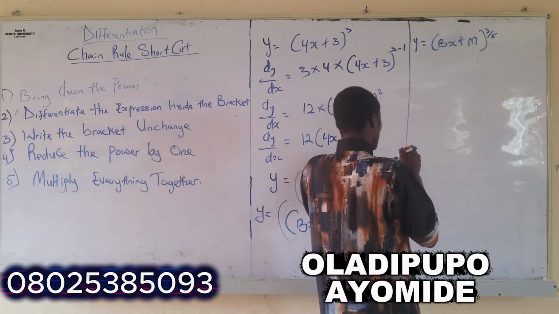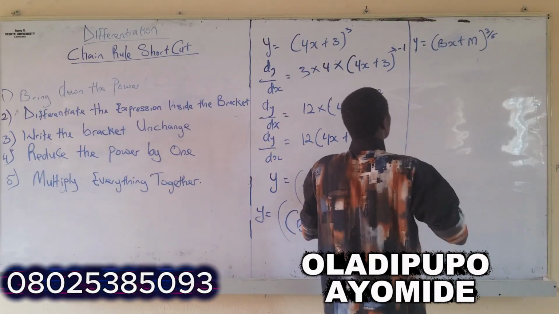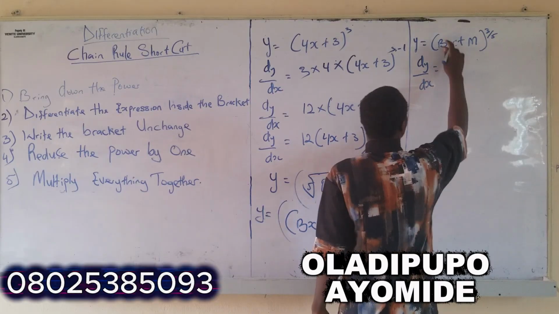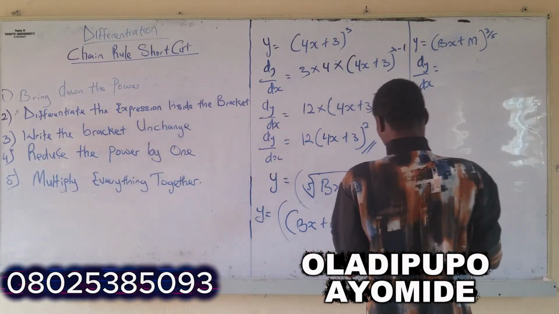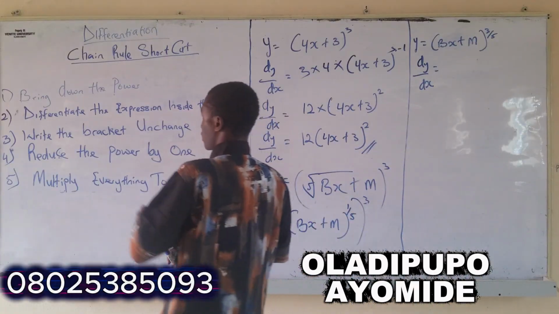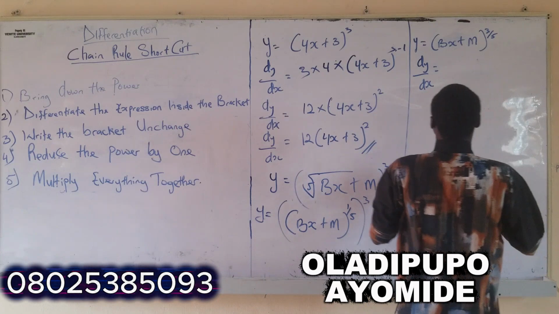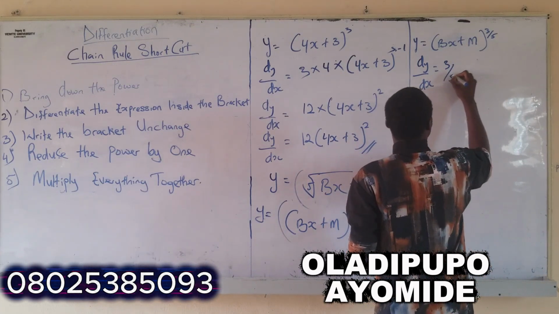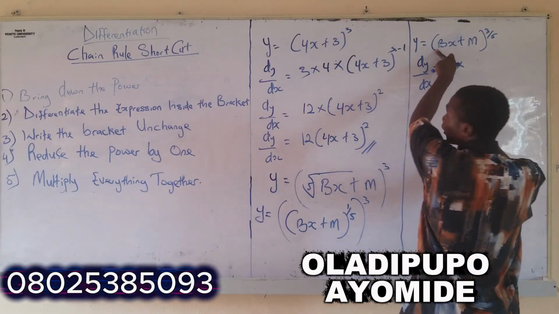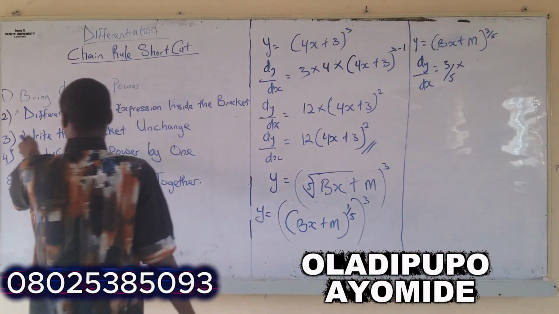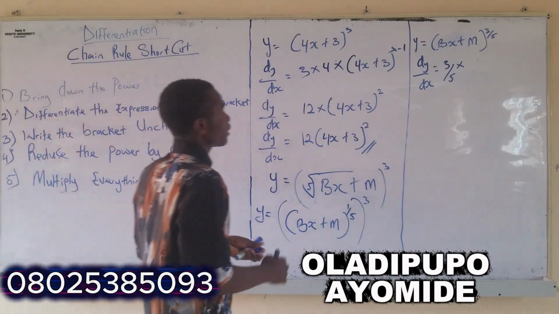So now to apply our chain rule shortcuts, this becomes dy/dx. In this case, the first step says what? Bring down the power. This becomes 3/5 multiplied by the derivative of the expression inside the brackets.